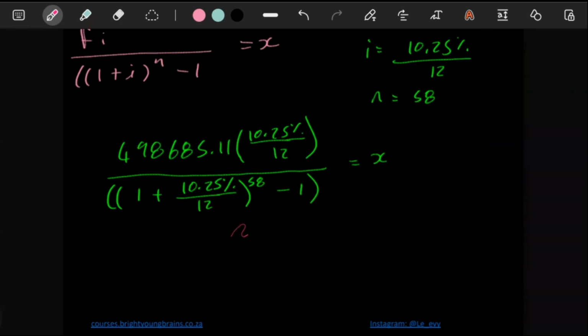So here x is going to be equal to, what is x going to be equal to? Our value of x is equal to a very special number. So what is the special number? It is 6,679.30.